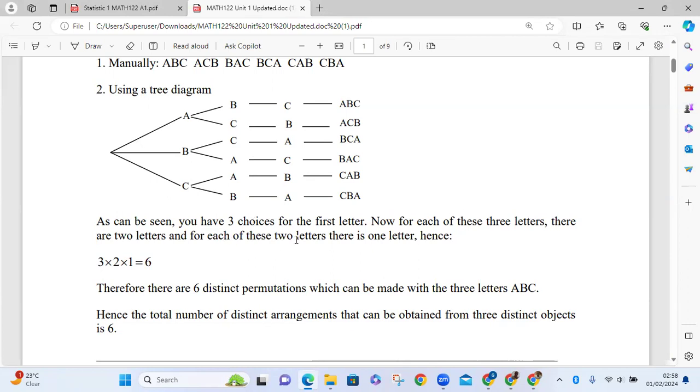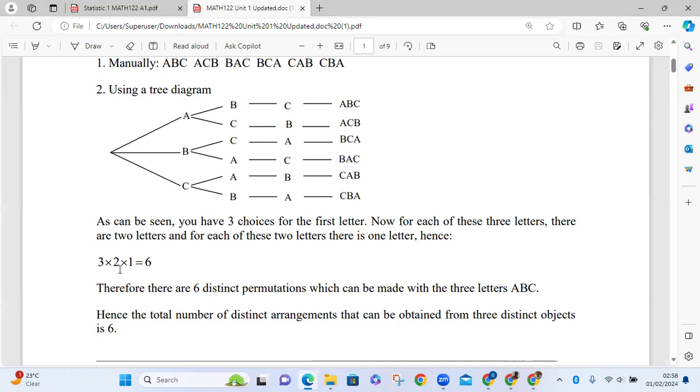And for each of these 2 letters, there is 1 letter when you return again. So the phrase "for each" can be interpreted as multiplication. This is why, to calculate the total number of arrangements, you have 3 times 2 times 1, which is equal to 6.